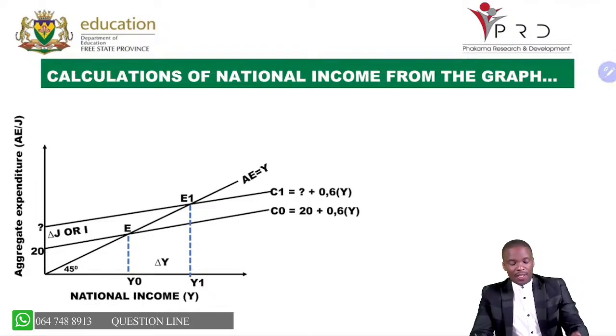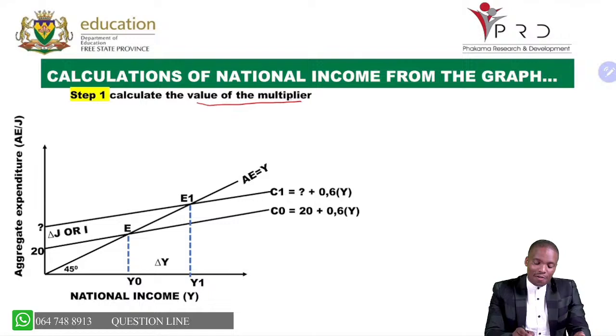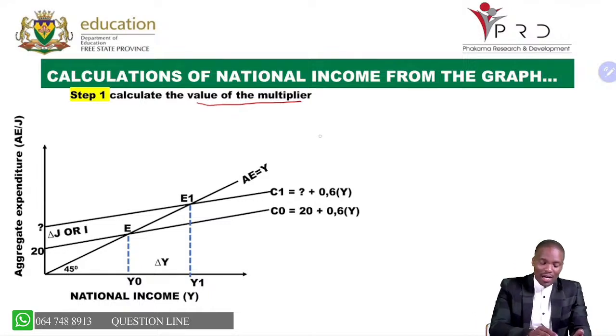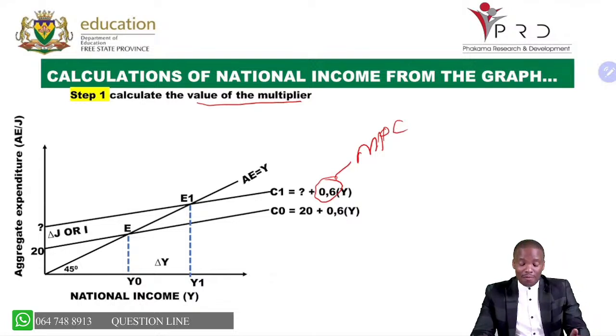Let's look at this in a calculation format. Step 1, calculate the value of the multiplier only in this case. When you analyze this graph, grade 12s, the value that is next to Y represents our MPC. So we have the value of MPC, we can calculate the multiplier.